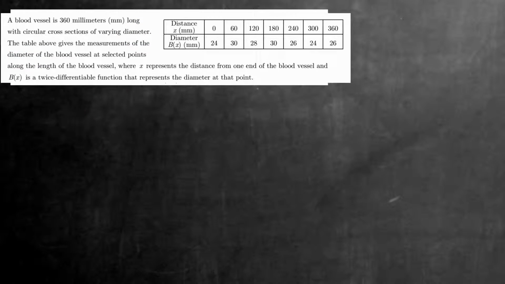And taking a look at B, approximate the value of your answer from part A, meaning the integral from 0 to 360 of b of t, and 1 over 720, or 1/2 times 360, which would be the average radius. So if we want to approximate it using our table, using a midpoint Riemann sum with 3 subintervals.